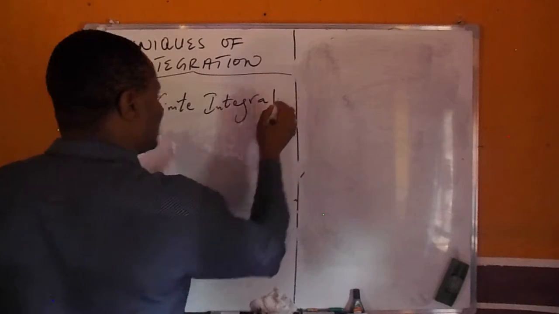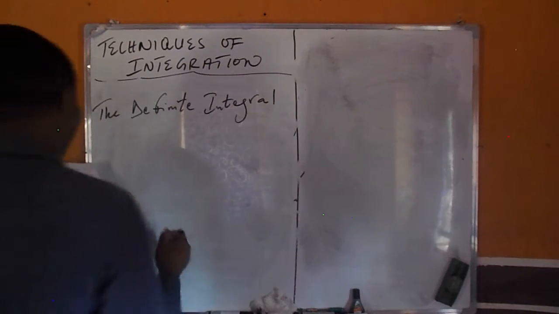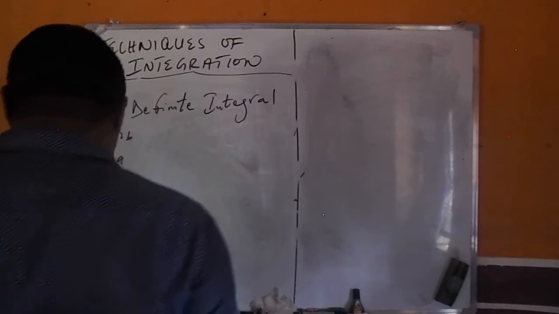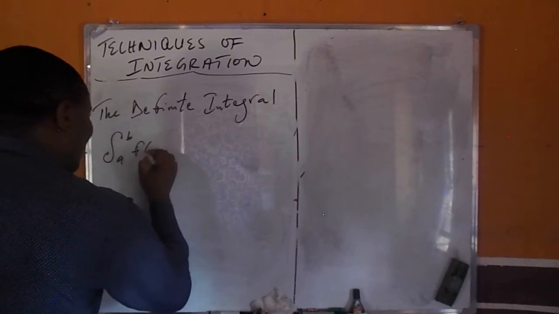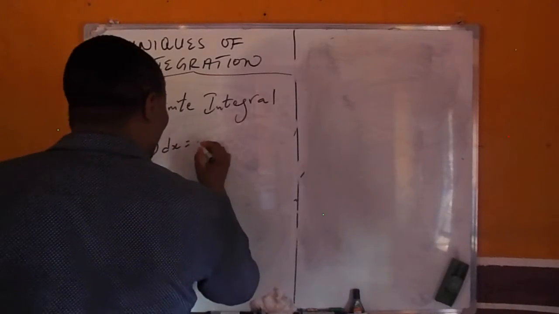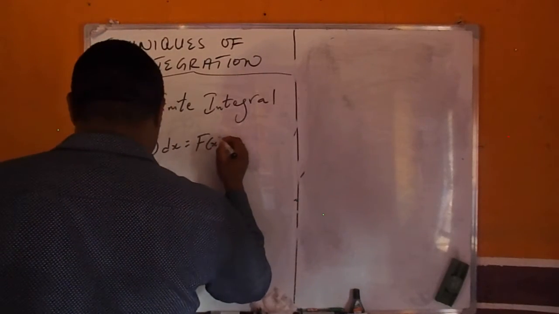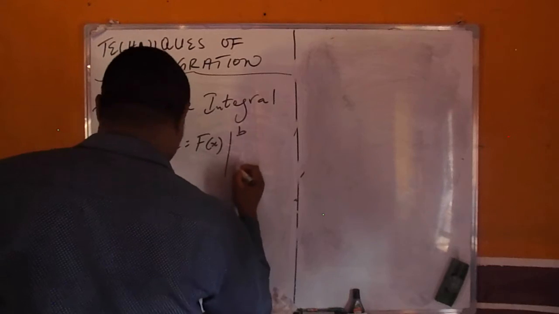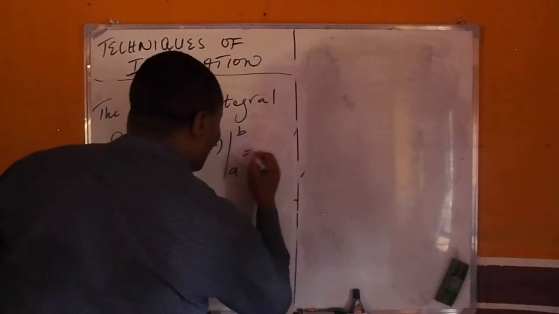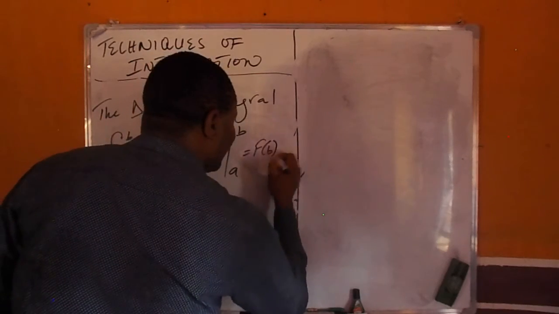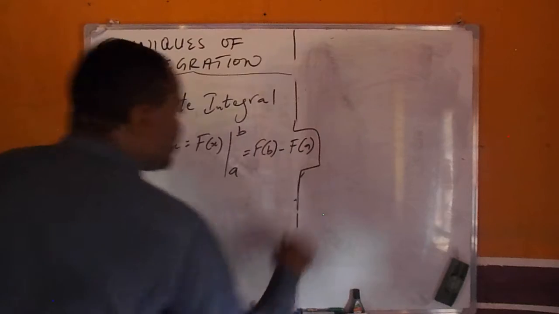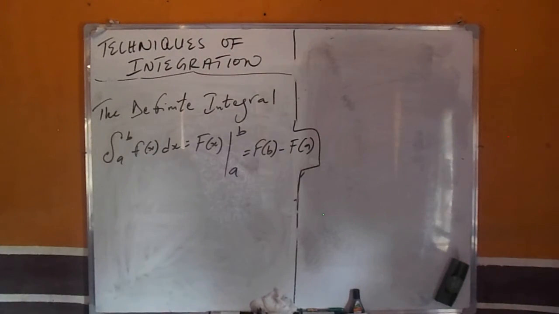Now, we say that the integral from a to b of f of x dx equals F of x evaluated from a to b, which equals F of b minus F of a. This is the formula we use in this.